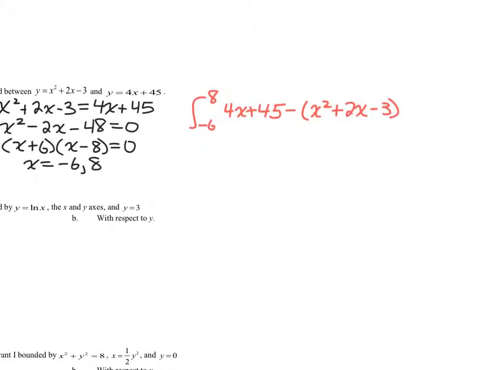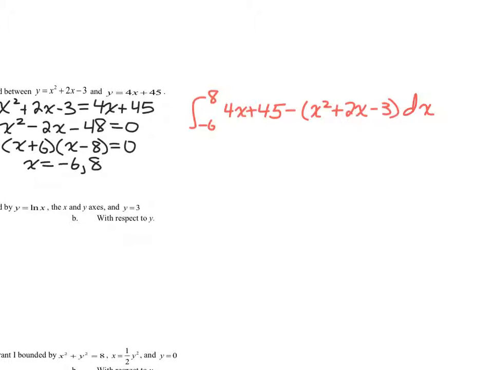All right, so on the interval of -6 to 8, we have the linear function 4x plus 45, minus (x squared plus 2x minus 3) dx.